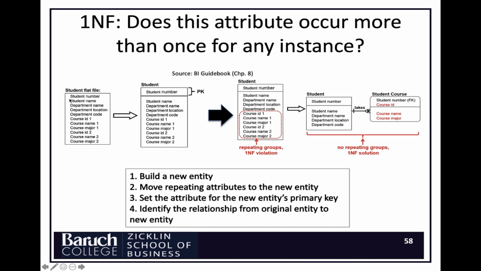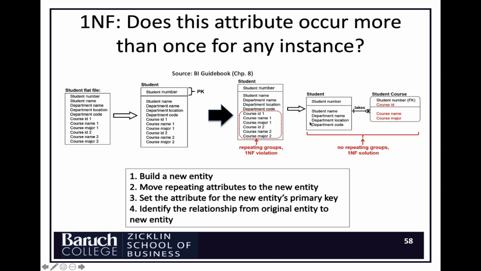So we have one table. Imagine this is in an Excel format, and then we have course number 1, information about that, course number 2, information about that, and that goes on. And that information becomes repeated. And that's a good candidate for normalization. So when we see that information repeating groups, that's a violation of the first normal form.